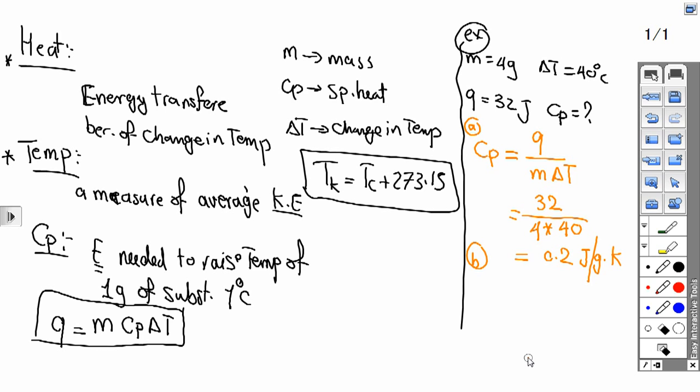What is Q? In this case, Cp is 0.2, the same, because if we are talking about the same material, glass for example, its Cp equals 0.2, so it doesn't change.